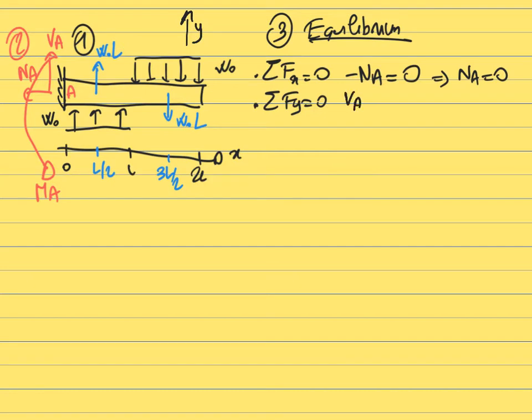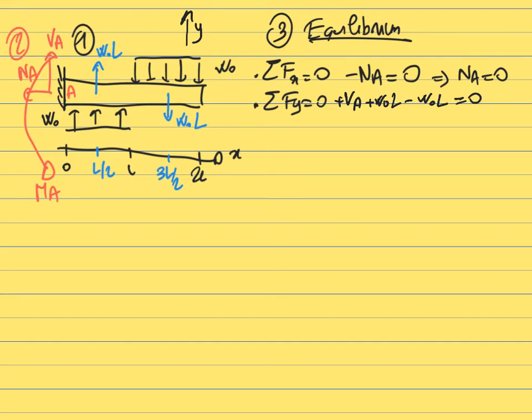Then we have the force corresponding to the distributed load between 0 and L. It also has a positive projection, and its intensity is W naught L. And then we have the force associated with the distributed load between L and 2L. This time it's going towards the negative y, so it has a negative projection, so minus W naught L. And the sum of those forces has to be equal to 0.